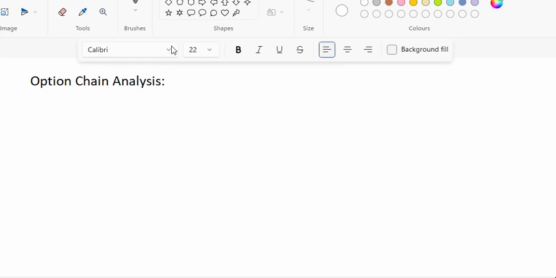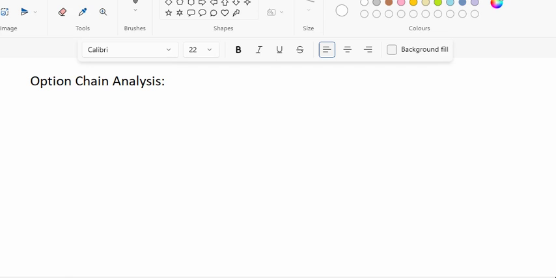So what is option chain analysis? What is an option chain? An option chain is a list of strike prices, especially for futures and options, FNO stocks and indices. Only those have this option chain. Equity doesn't have an option chain.